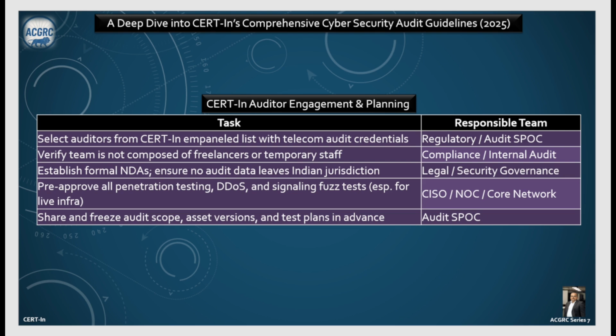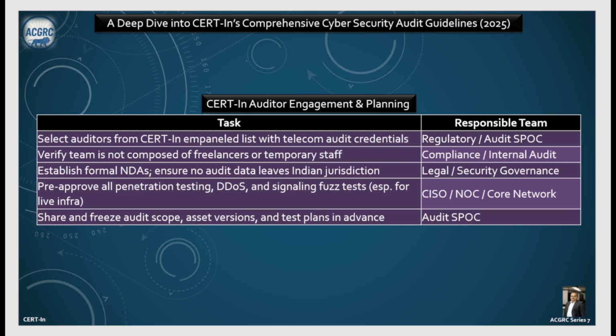Step 3 is to establish formal non-disclosure agreements, ensuring no audit data leaves Indian jurisdiction. This is where your legal team and your security governance team would play a role. Step 4. Pre-approve all penetration testing, DDoS, and signaling fuzz tests.